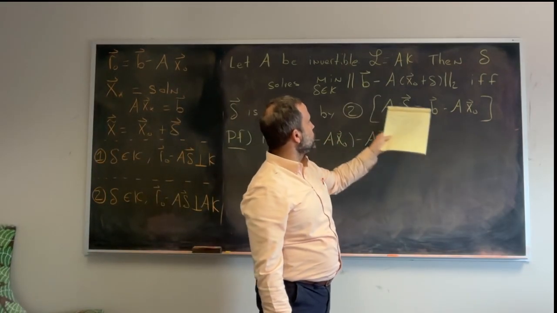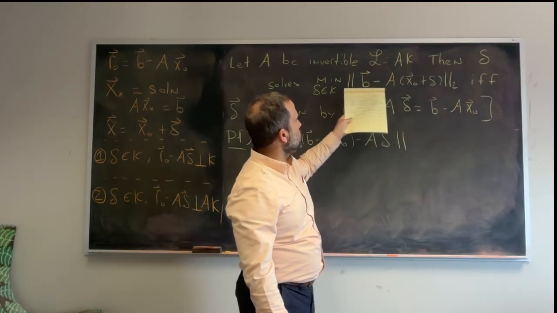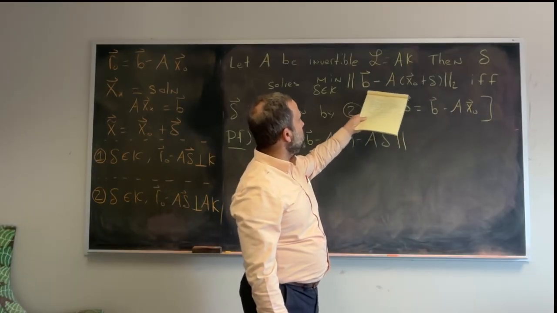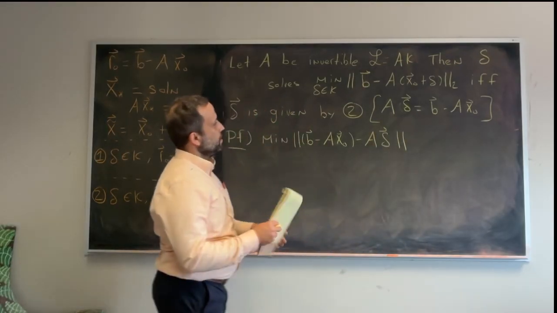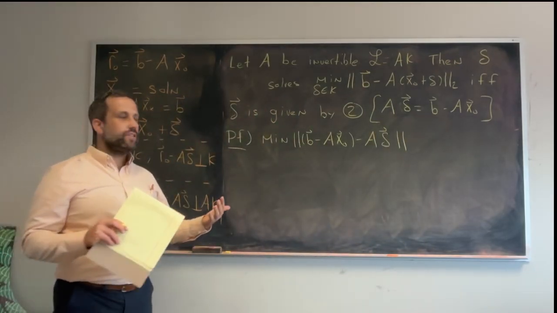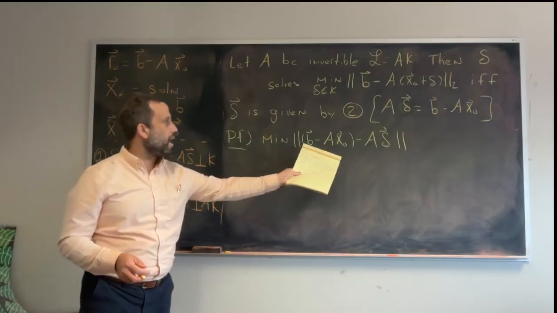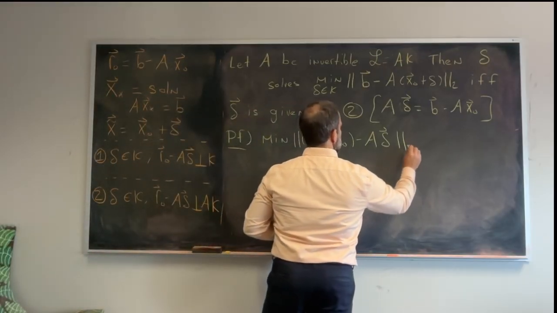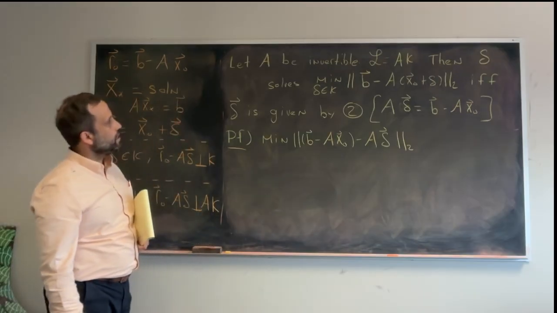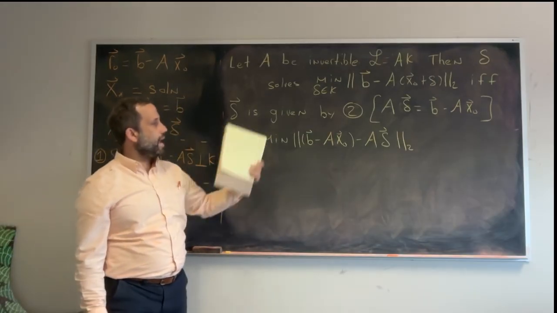All I'm doing is rewriting that. If this norm is equal to 0, then B is equal to AX naught plus A delta, and that's equivalent to this. But we typically can't do that, so we want to find a delta that minimizes the error in this sense, where the error is in the 2 norm, and delta lies in the space K.